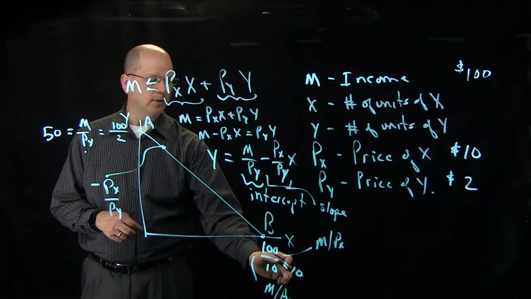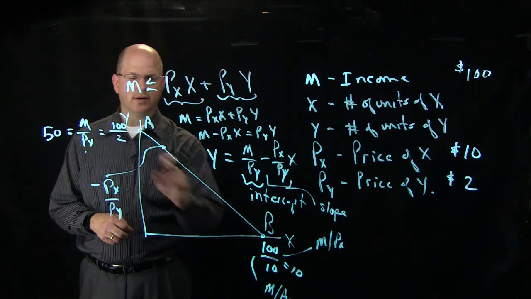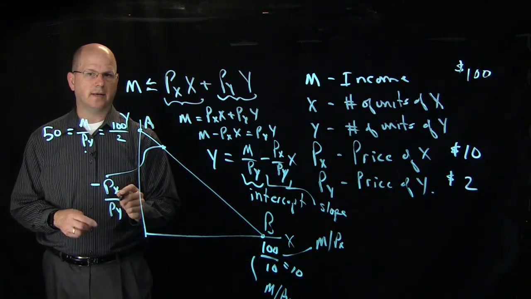If we think about our numbers, this is 10 and 0, and this is 0 and 50, right?